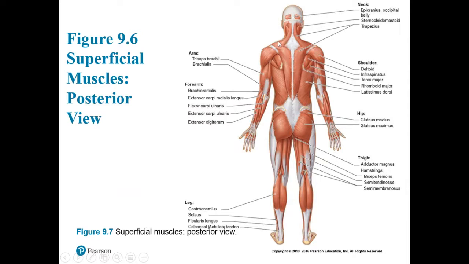So as I was saying earlier, differentially contracting the shoulder end of the trapezius allows you to do the shrugging of your shoulder, as if you were saying, I don't know. But if you contract the thoracic end of the trapezius, then that has different functions.